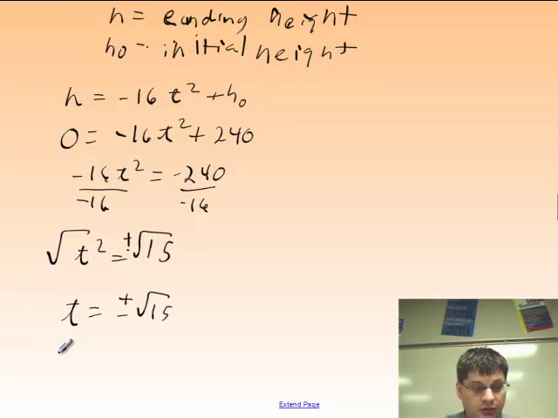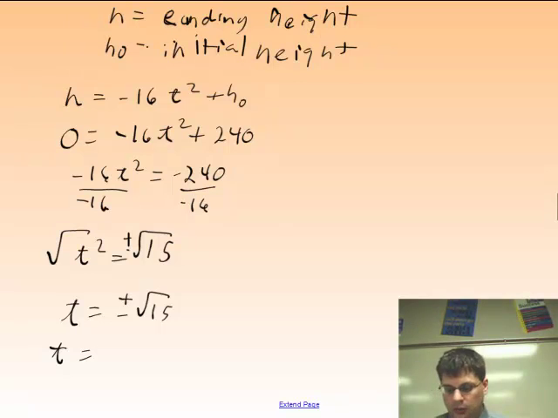Now with these word problems, we can actually come up with a decimal that will make more sense. But we have to think about, in the context of our problem, what makes more sense, a positive or a negative. And since we can't travel back in time, we're not going to use a negative value. Instead, we're going to use a positive value, talking about going forward in time.